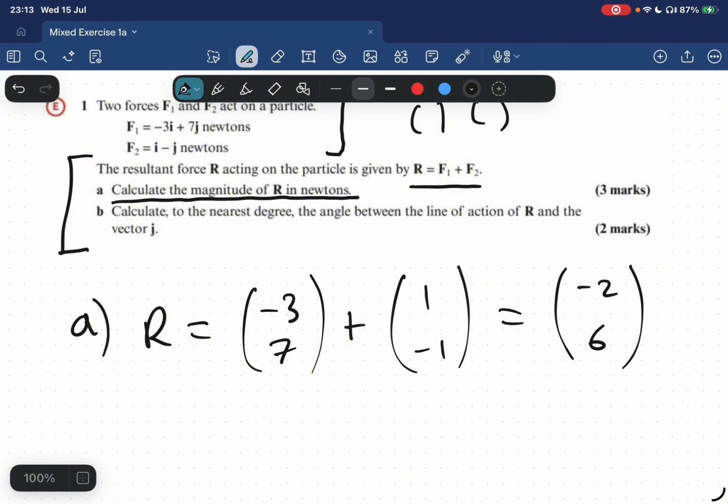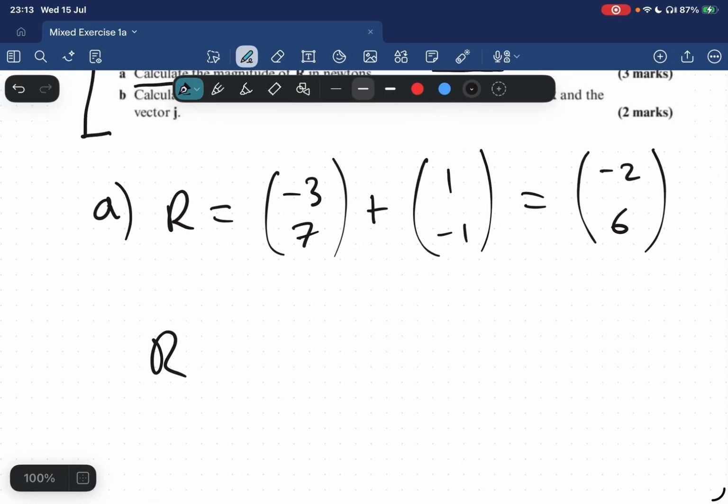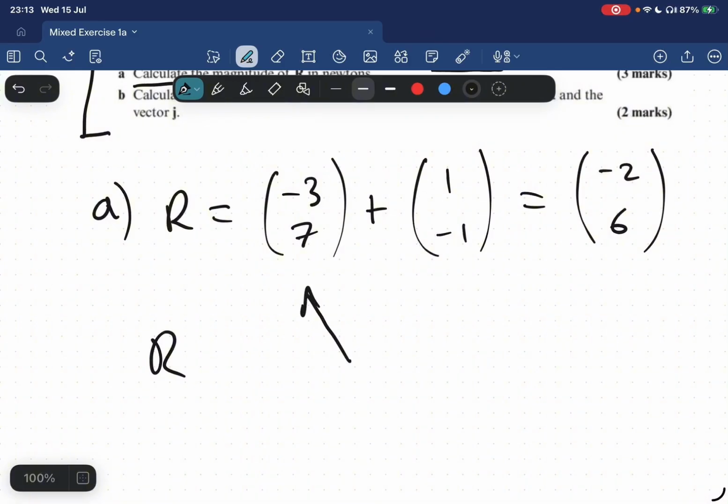So the magnitude of R, what does the magnitude of R mean? Well, here's R, and here is your vector. It's going across 2, back 2, up by 6. We're using Pythagoras' theorem, sorry, I said Pascal's triangle, Pythagoras' theorem to figure out what this R is.